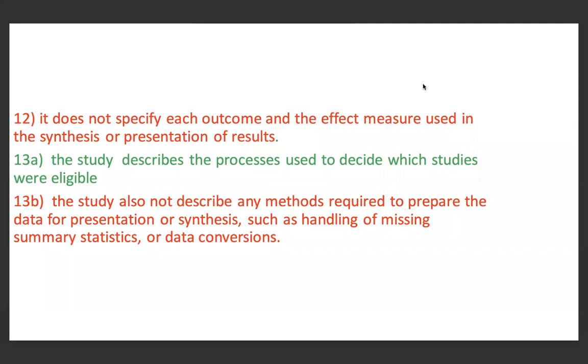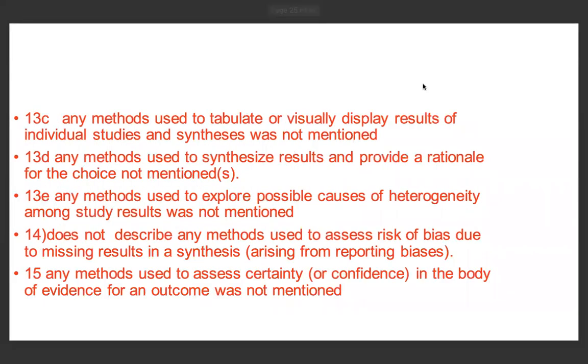The study describes the processes used to decide which studies were eligible. The study does not describe any method required to prepare the data for presentation or synthesis, such as handling of missing summary statistics or data conversion. Any method used to tabulate or visually display results of individual studies and syntheses was not mentioned.